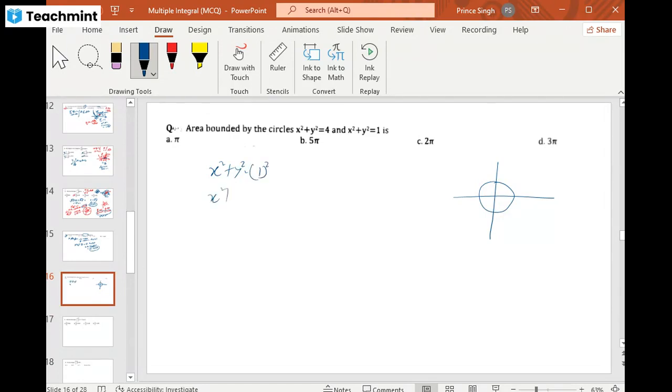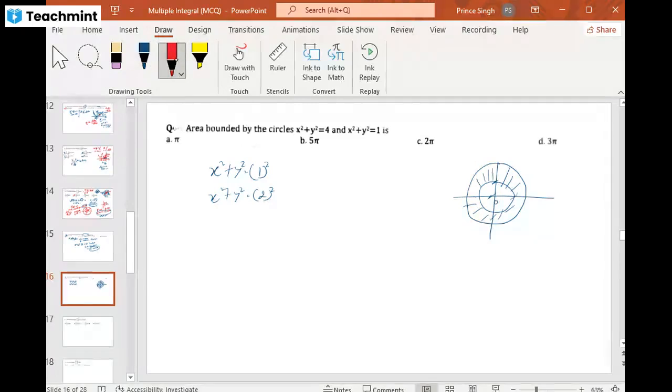The other, x square plus y square equals 4, that is 2 square, has its center at the origin but radius 2. So it is a bigger circle. We want to find the area of this ring.